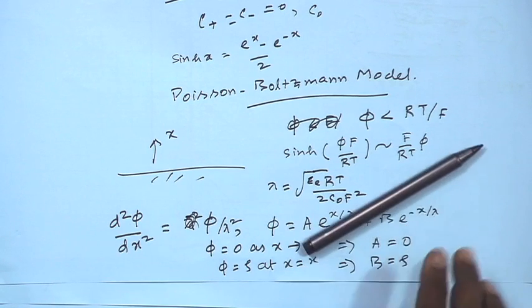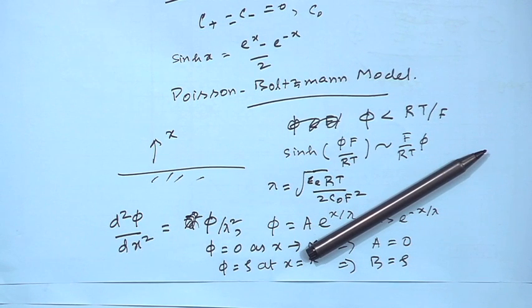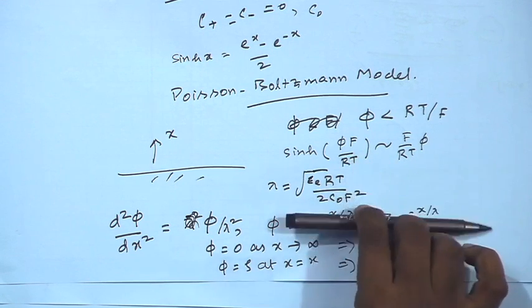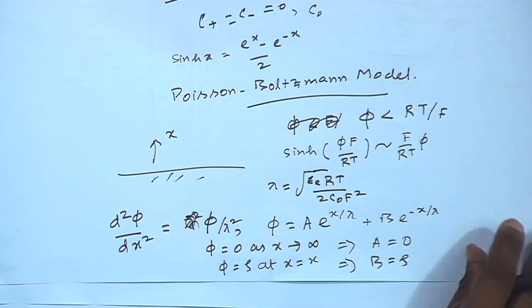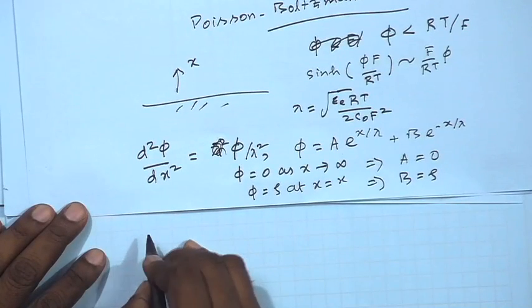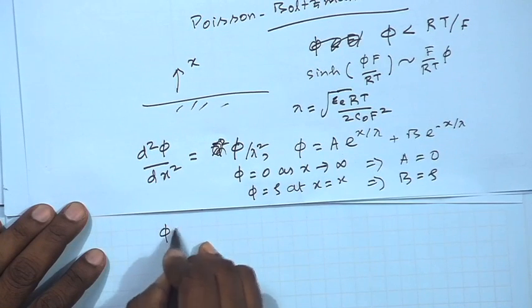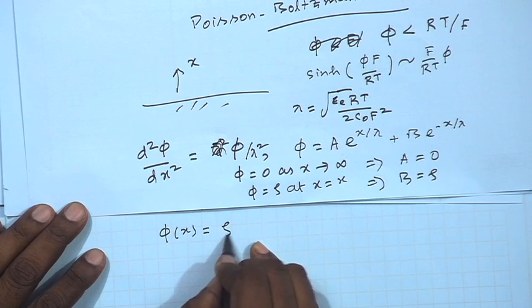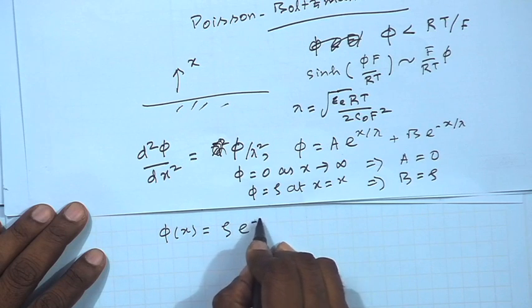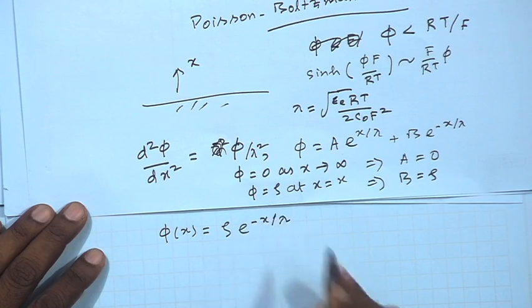Phi equal to zeta means you have a constant potential on the surface at x equal to 0. So, we get phi of x equal to zeta e to the power minus x by lambda.